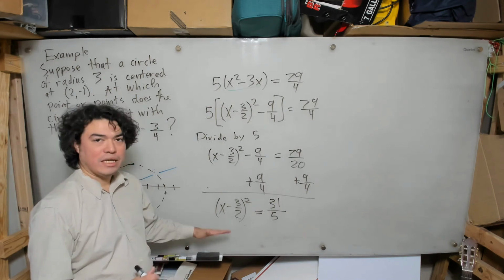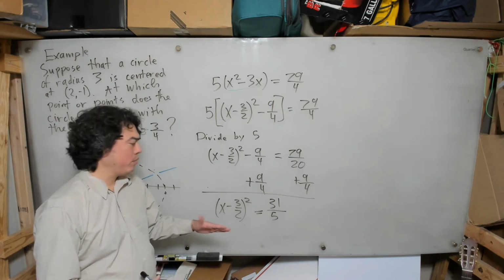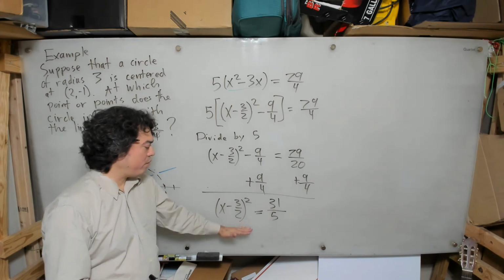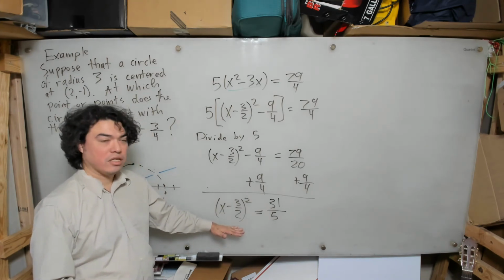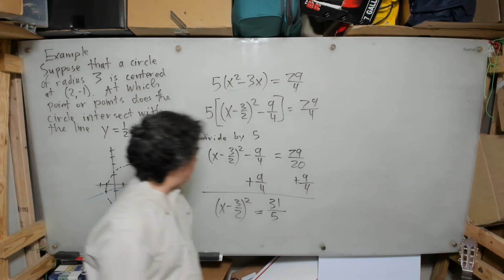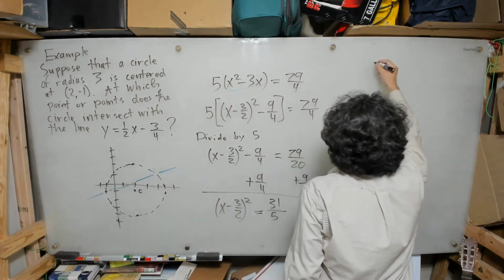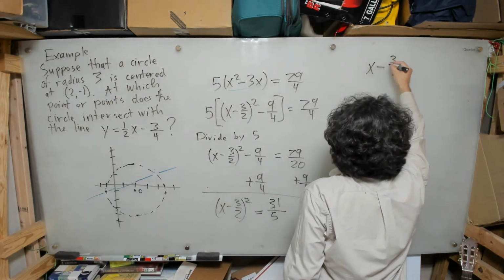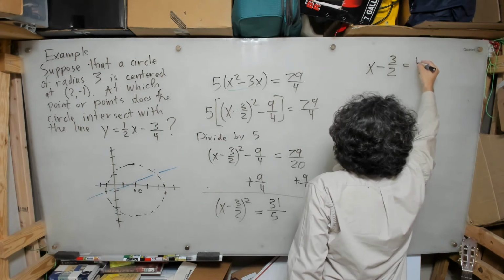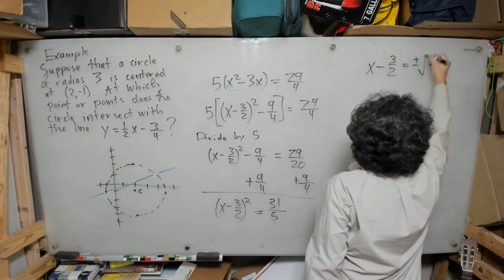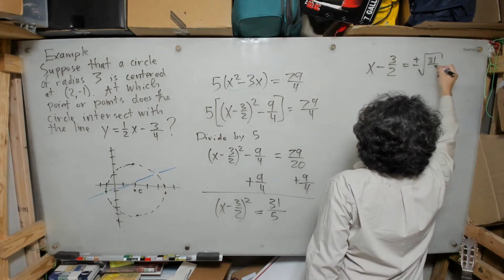But in this case, this is a general algebraic equation. We're not worried about those kind of meanings yet, so we're just going to take the positive and negative. So that is to say, I'm going to get x minus 3 over 2 equals plus minus the square root of 31 over 5.